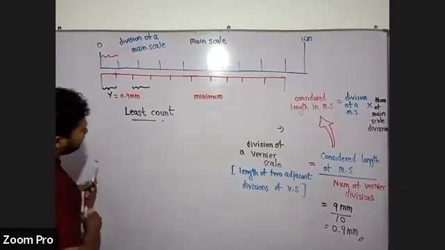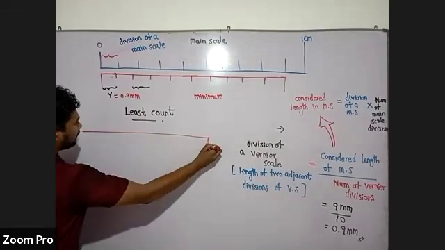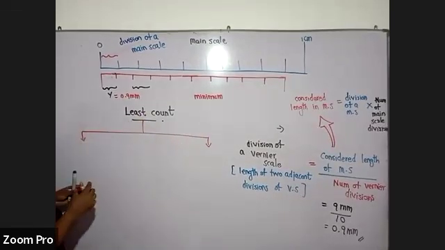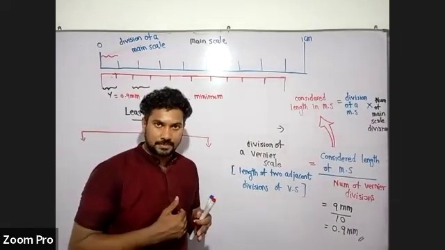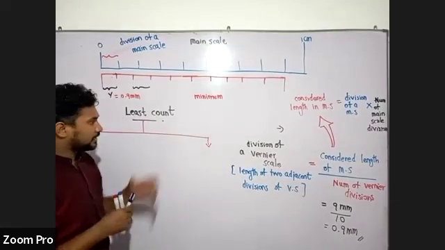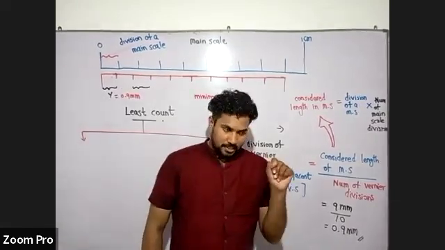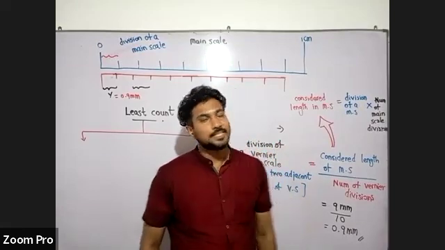Okay. Now, guys, least count can be obtained in two different ways in a measuring instrument which uses the Vernier concept, right? So this method is only applicable to a measuring instrument which uses Vernier's concept.